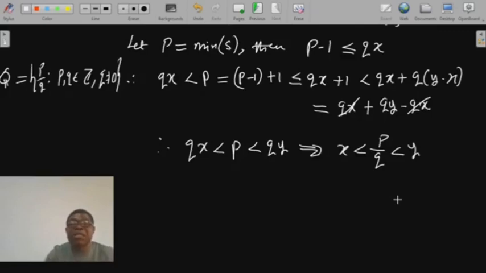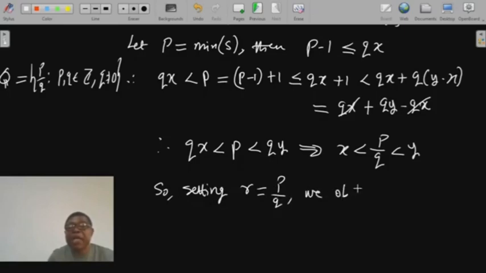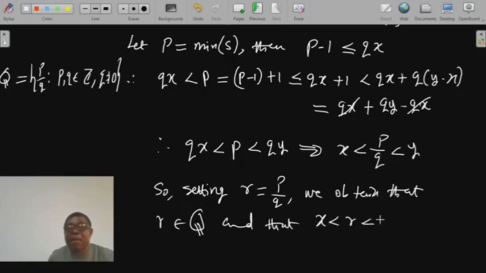Therefore, what this means is that if we set R equals this P over Q, we obtain that R belongs to the set of rational numbers and x is less than r less than y.